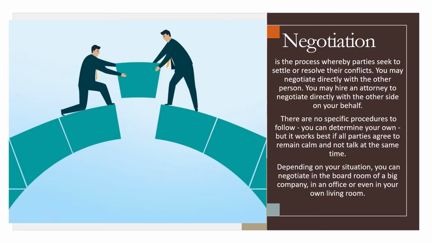So the first conflict resolution process we'll be looking at is called negotiation, and this is a process whereby parties in conflict will try to resolve their issue by themselves. This is the first step in a conflict resolution process, where individuals who are in conflict will come together to try to solve their problem, and they may decide to hire an attorney to represent them in a case where somebody feels, okay, I cannot negotiate very well for myself.